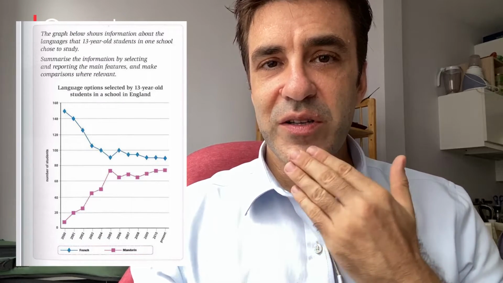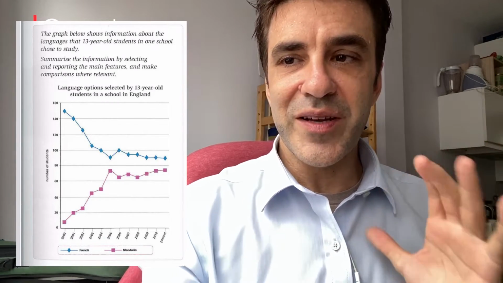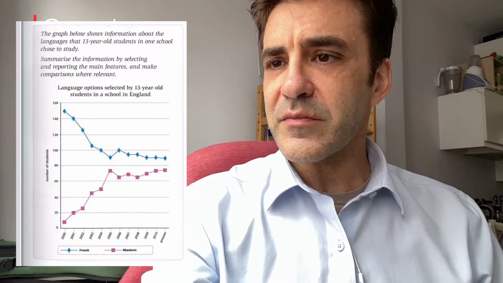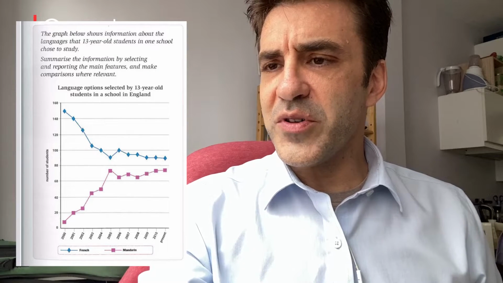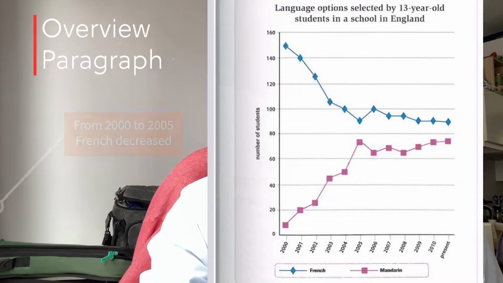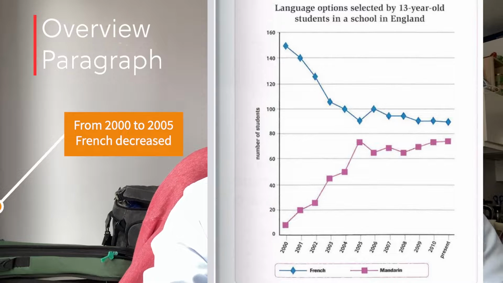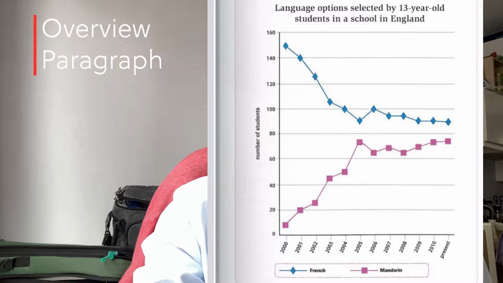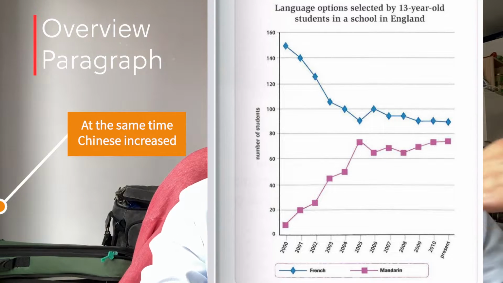And what has fluctuated? The first thing I notice about this chart, and I really want to stop and take a minute to examine it and look for a pattern. Well, the most obvious to me is that over time, French decreased dramatically, and Chinese increased dramatically.